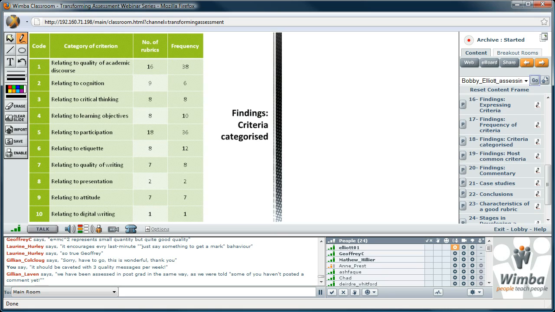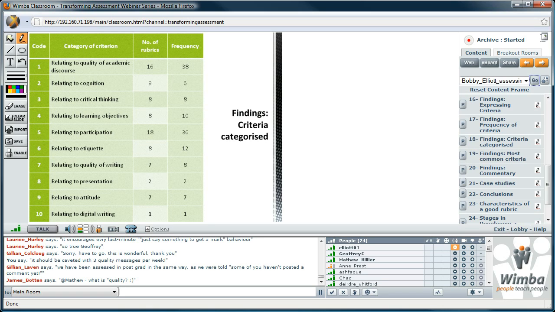If we take code 1, it wasn't the most popular, but code 1 relates to the quality of academic discourse. You'll be pleased to know that 16 of the 20 rubrics had at least one criterion relating to the quality of academic discourse.